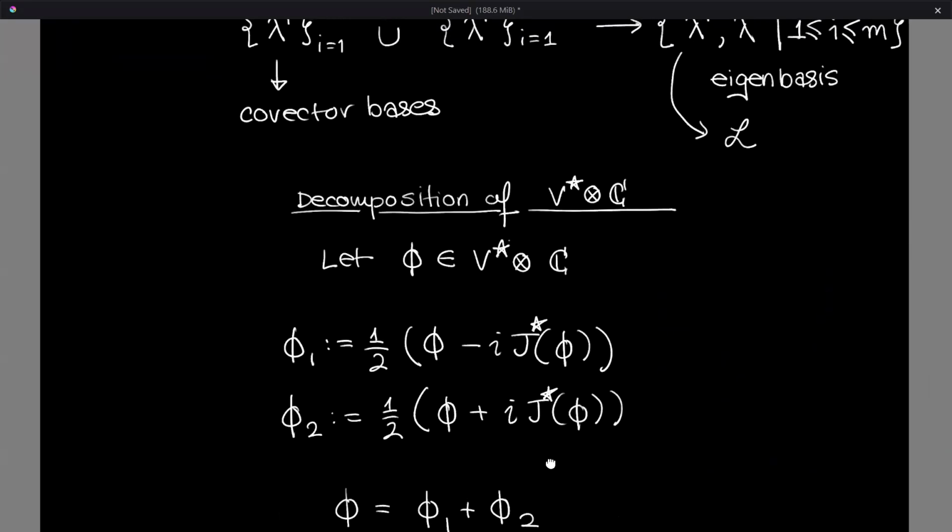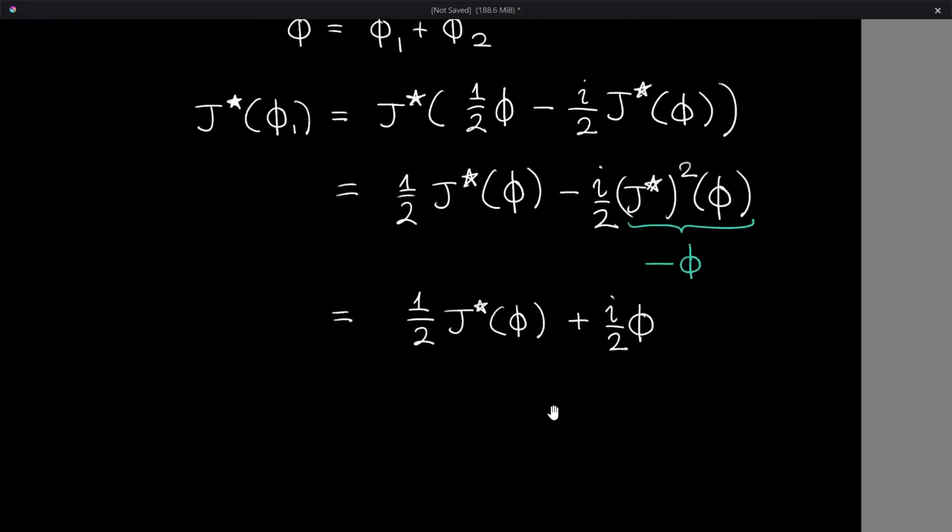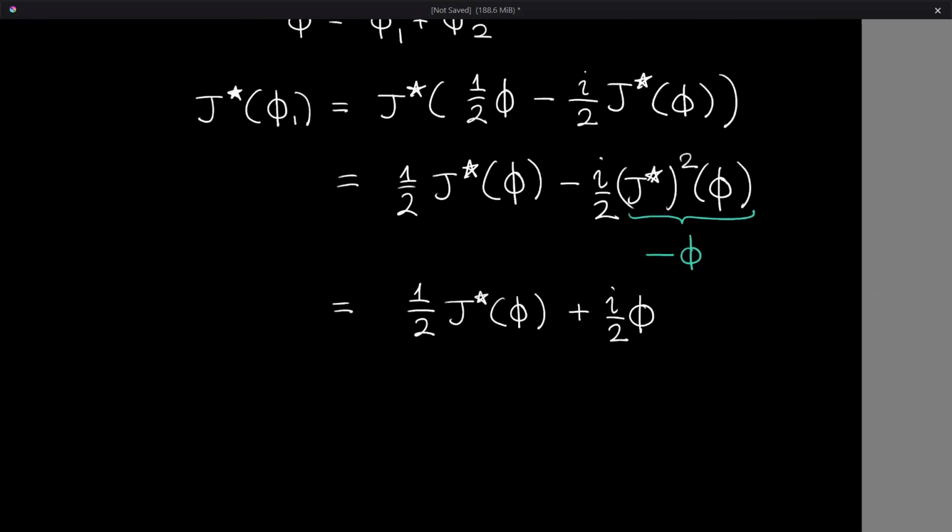So phi is an element of V star cross C. If someone can figure out what I'm missing here, feel free to shout it out or put it in the comments, because I didn't prepare to do this, but I wanted to see if we could show it.